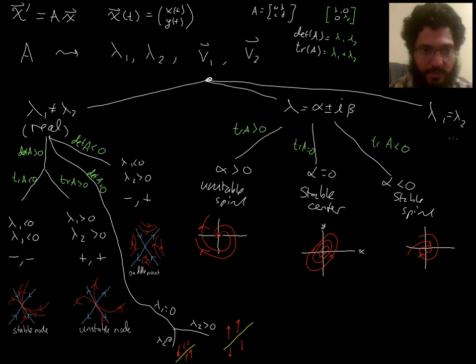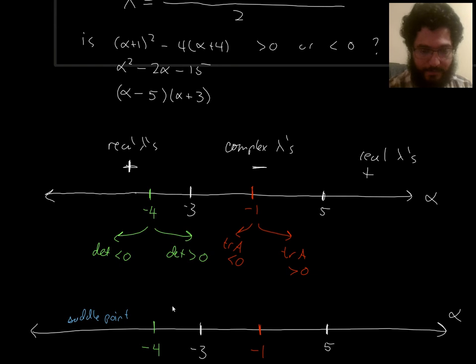And we had good reasons for coming up with all of these, right? Like that was because the negative determinant tells us the product of the eigenvalues is negative, so that means the eigenvalues must have opposite sign to each other, and that led to a saddle point in an earlier lecture.